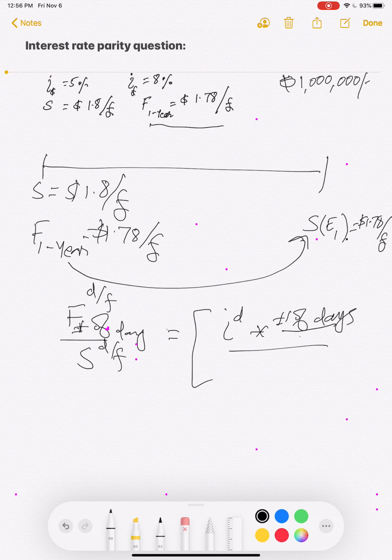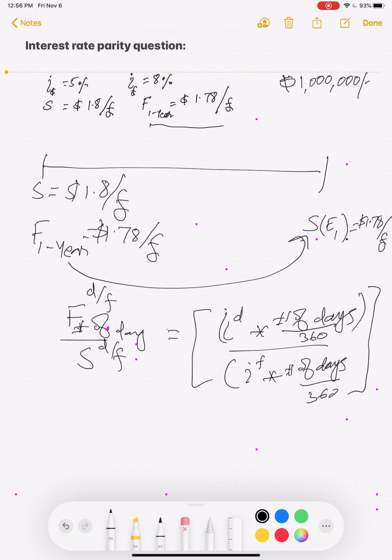and then the interest rate in the foreign country multiplied by the number of days divided by 360. We need to check this equation, because in this case the investment is for 1 year, so we can easily see that the number of days is 360.